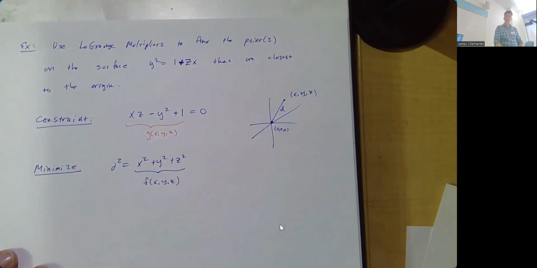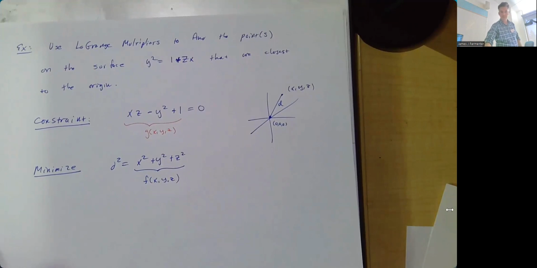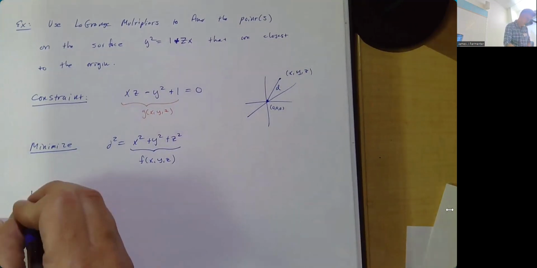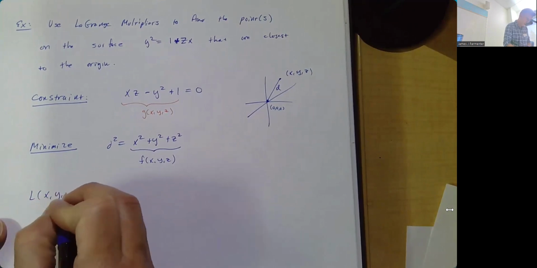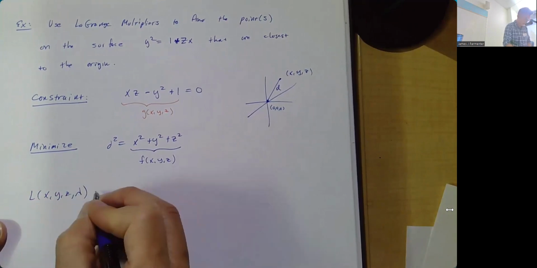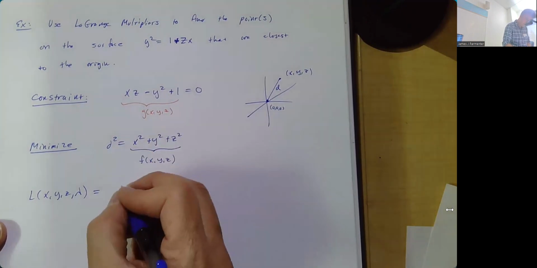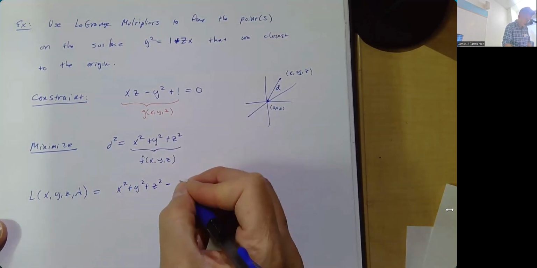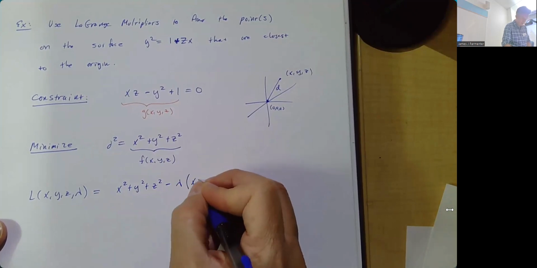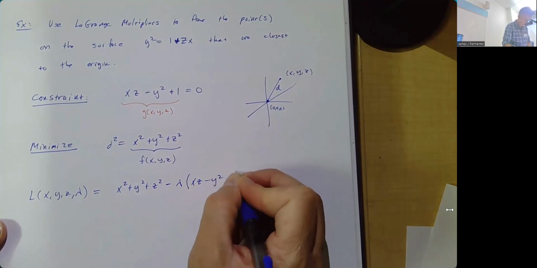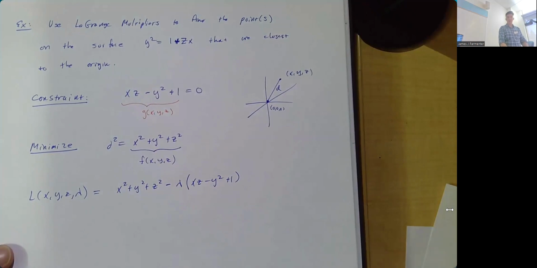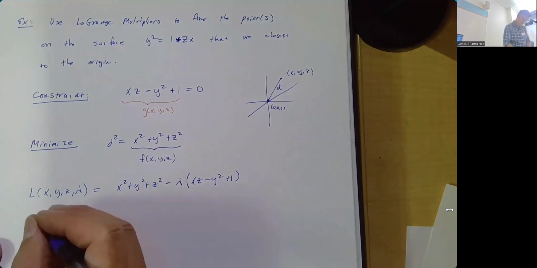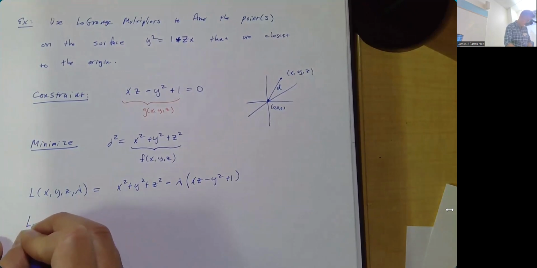Now we're going to do the usual thing. We're going to write L of x, y, z, lambda equal to x squared plus y squared plus z squared minus lambda times xz minus y squared plus 1. I'm going to find all the partials, find the critical points, and then try to figure out their maximum or minimum.